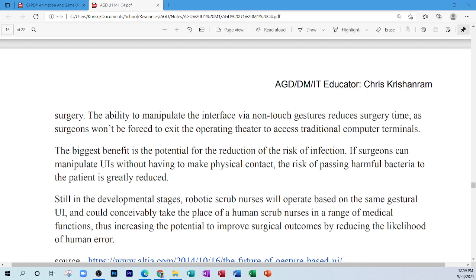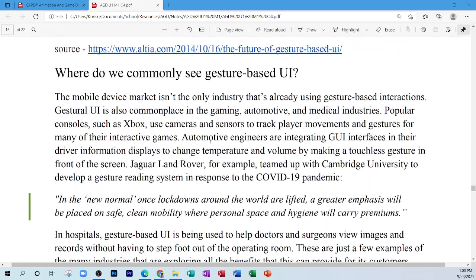They can just interact with the system from a distance, and that reduces time because they don't have to sterilize themselves once again to continue operating on that patient. So that's one benefit there among all the rest.